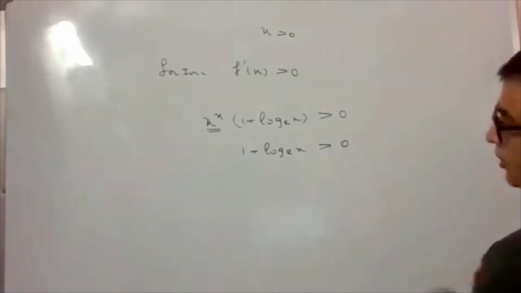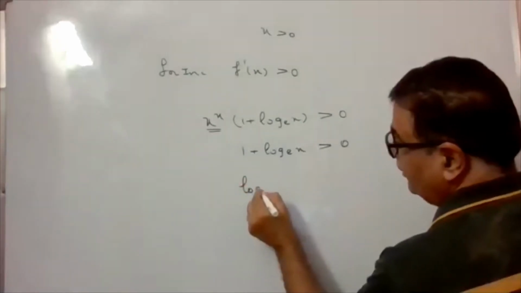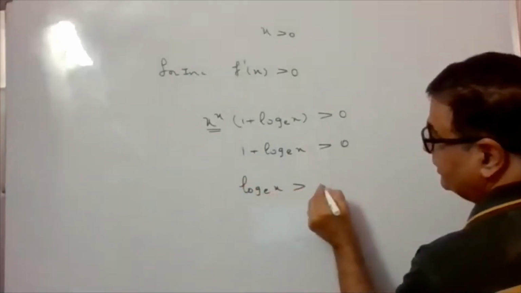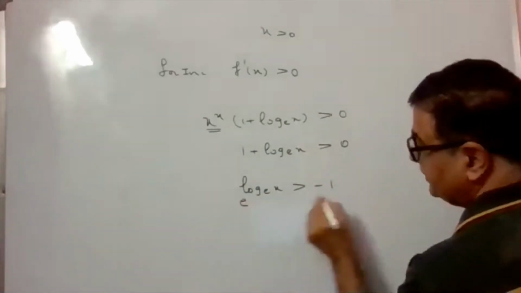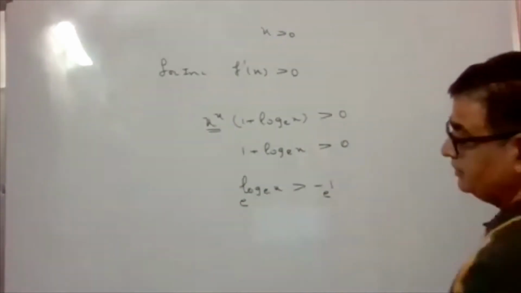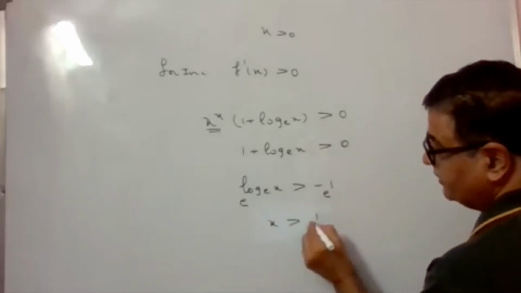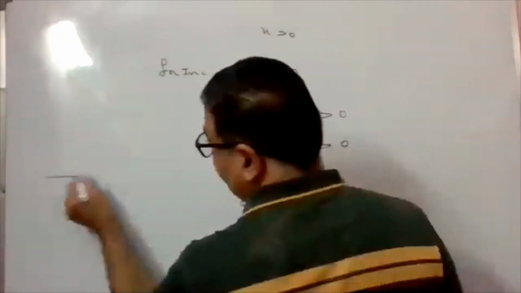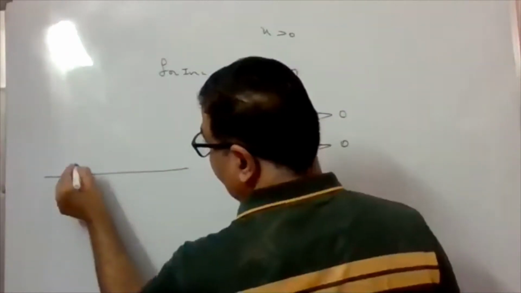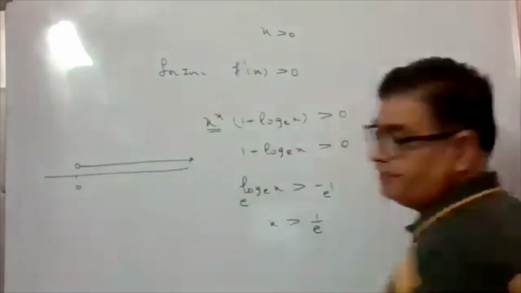And now when you solve it, it will come out to be log x greater than minus 1. Taking base e on both sides, then it comes x is greater than 1 by e. And it is already given that x you should take greater than 0, this side.